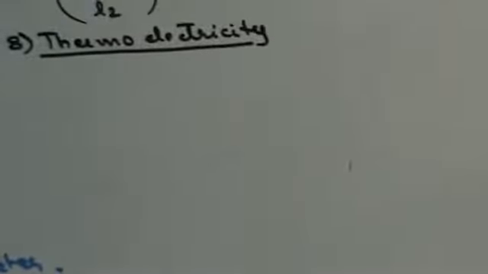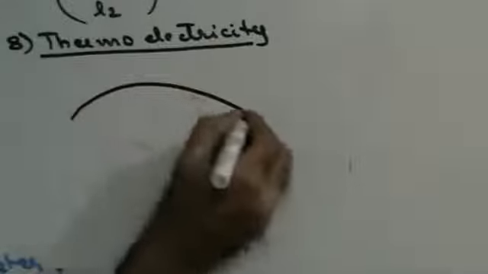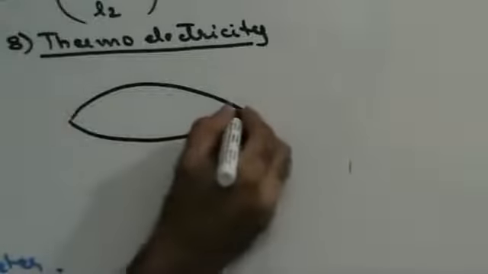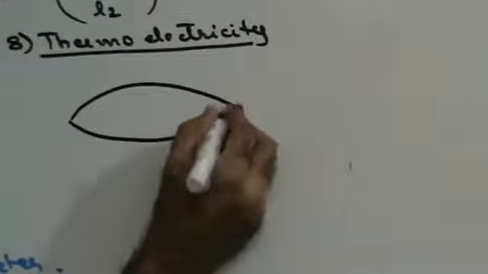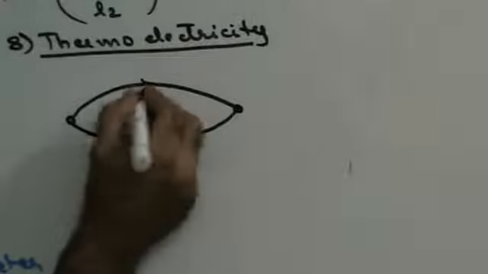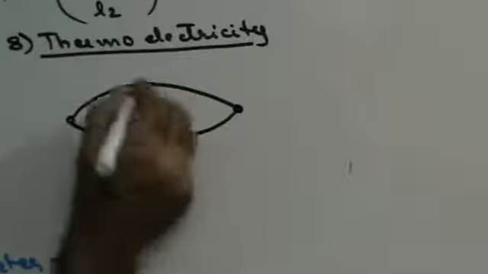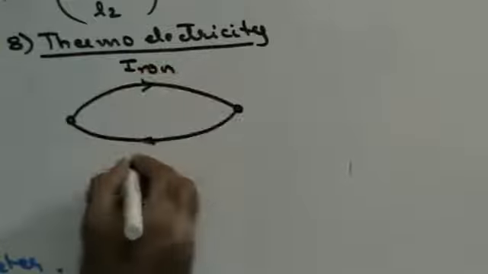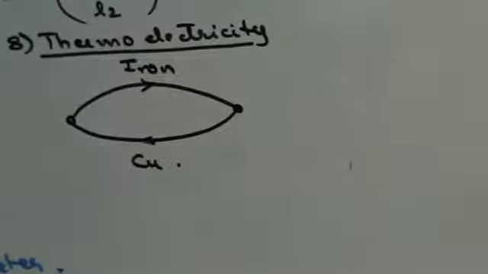Suppose I have two metallic wires joined end to end, this is iron and this is copper. Such an arrangement is called a thermocouple.